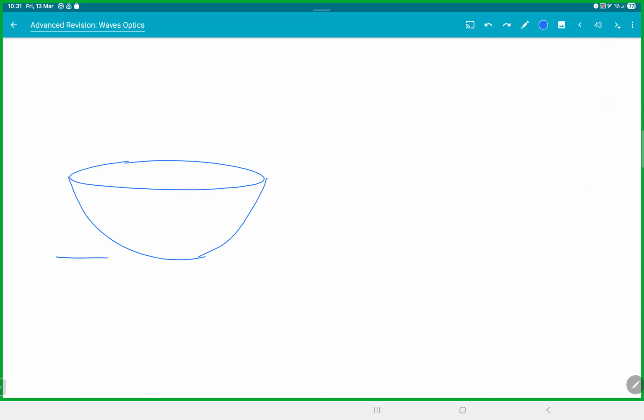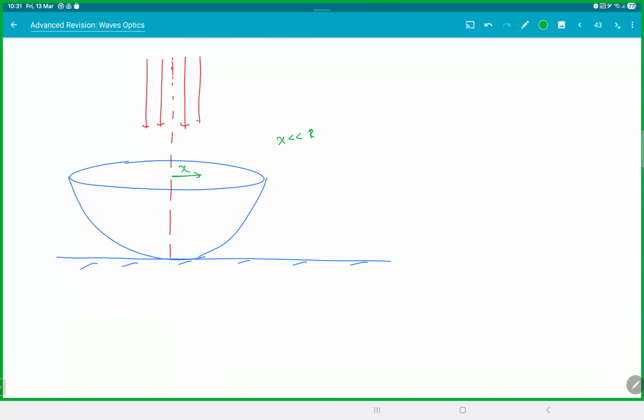So we have a glass hemisphere on a floor. And someone started shining light from the top, a parallel beam of light. Let's say this distance is x. x is much, much less than r, so you're sending it very close to the center.